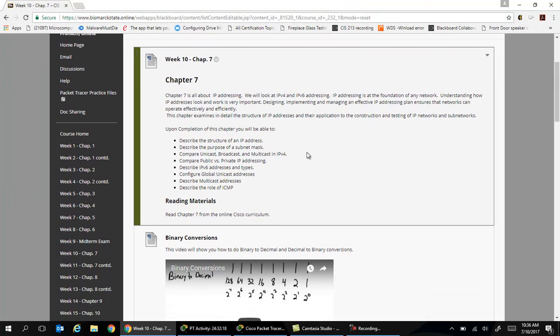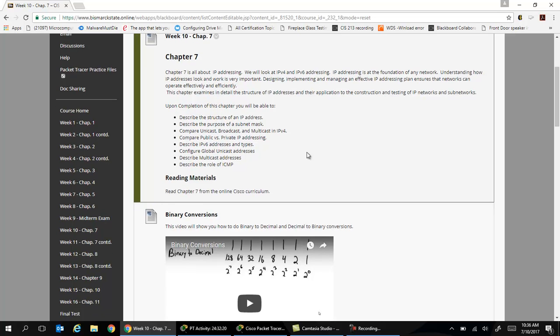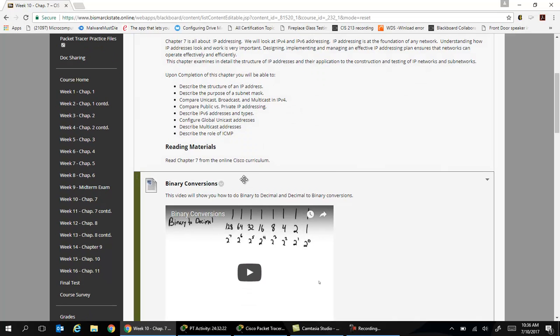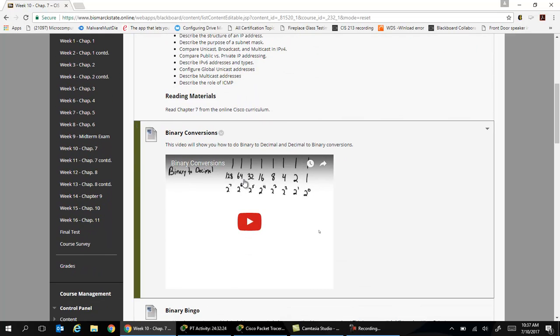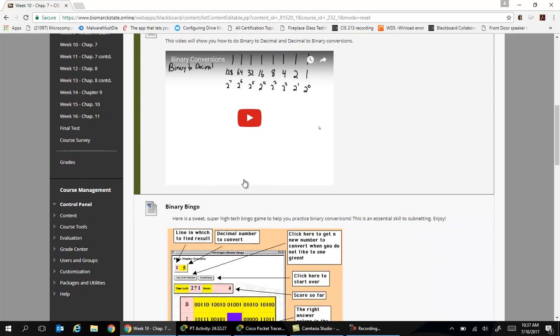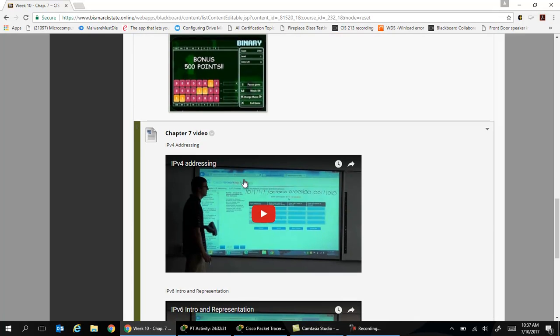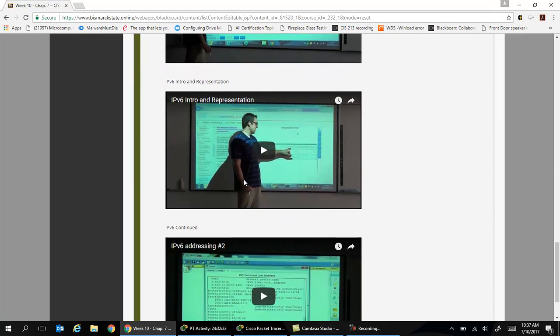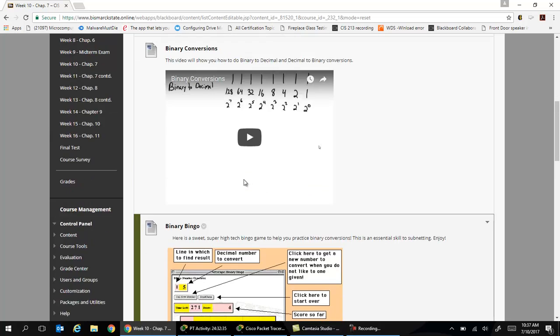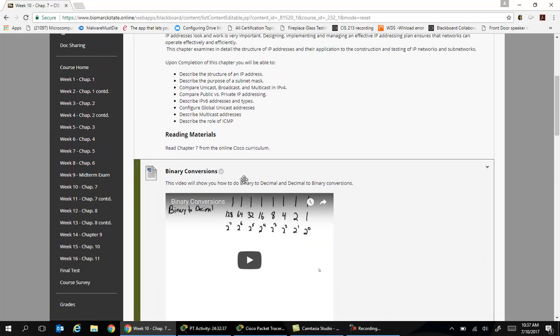An IP address is essentially made up of 32 binary bits, so we also get into some binary conversions with this. I highly recommend that you go through and read the Cisco curriculum and take a look at the videos that I have posted for IP version 4 and IP version 6.